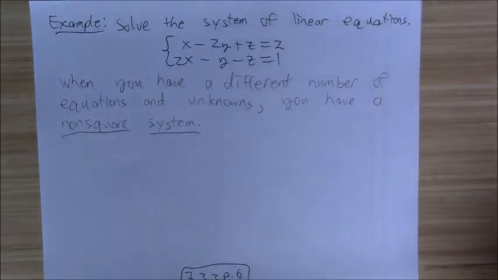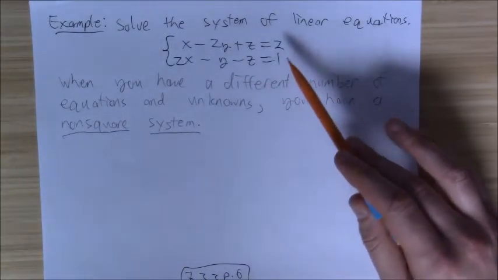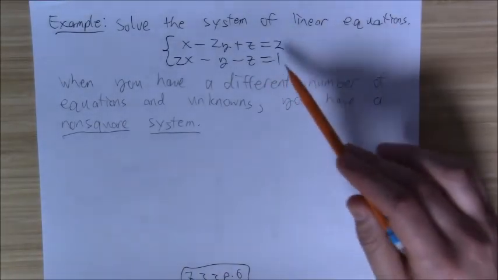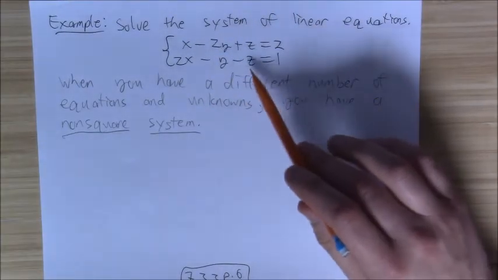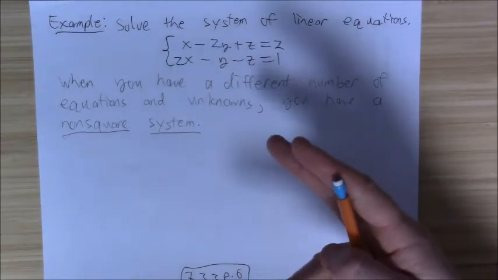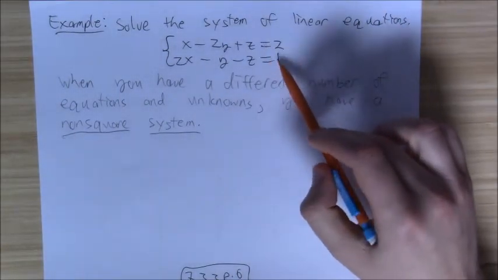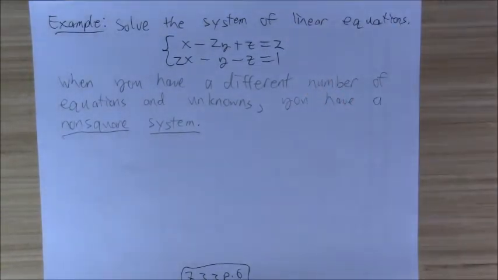But more consequentially for us, you have the possibility that you have more unknowns, like we have here. We have 3 unknowns, x, y, and z, but only 2 equations, the top equation and the bottom equation. Because we have more unknowns than equations, we expect an infinite number of solutions.